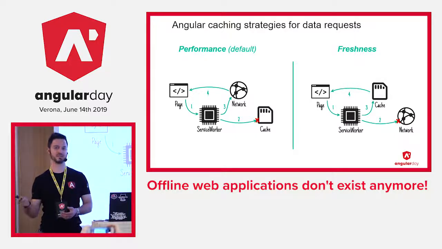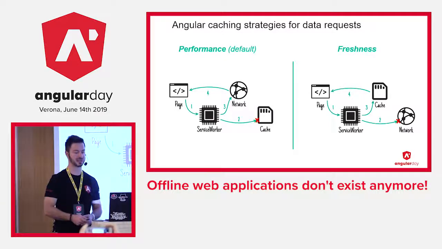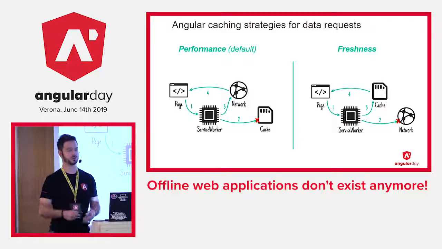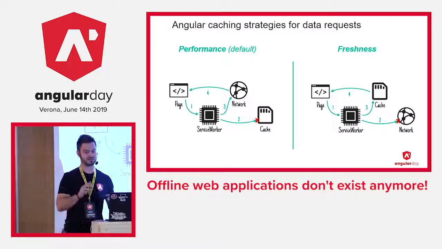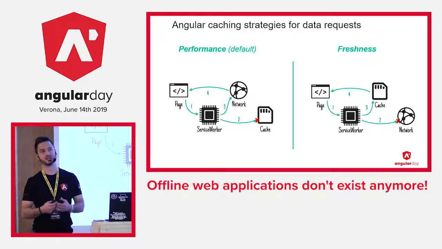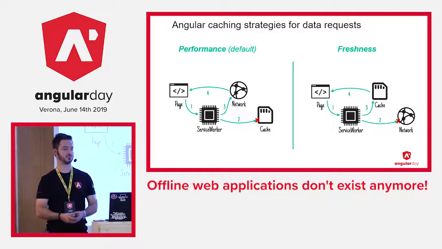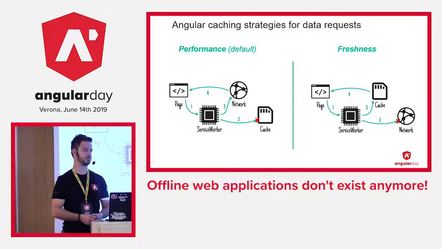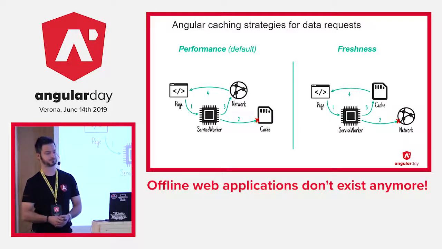But then we can define a timeout, and if the response doesn't come within the defined timeout, then we go and try to provide the data from the cache, of course, if available. With this strategy, we benefit users that are online, but on the other side, we have some old data for the users that are offline, because we provide it from the cache and maybe not really the latest.